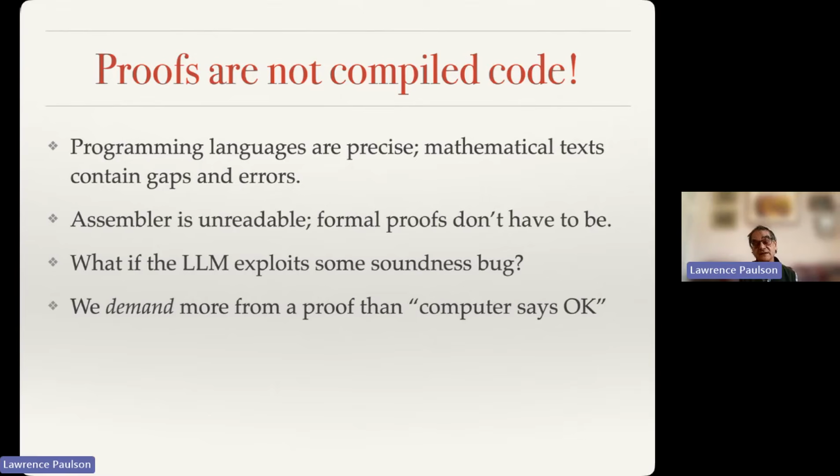Another issue that has been pointed out by a number of people is that the LLM might exploit the soundness bugs in a theorem prover. It's interesting. Now, of course, LLMs are very deceiving in how they respond to you. Certainly, I have never seen Claude when I have interacted with it, and it does give you all kinds of explanations, and it has never said, let me see if I can find a kernel bug that will prove this for us easily.